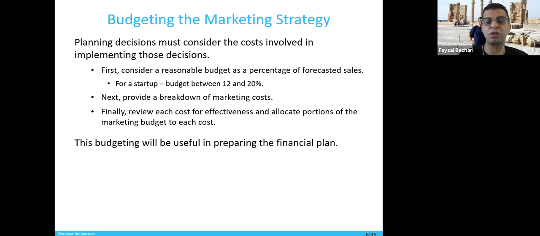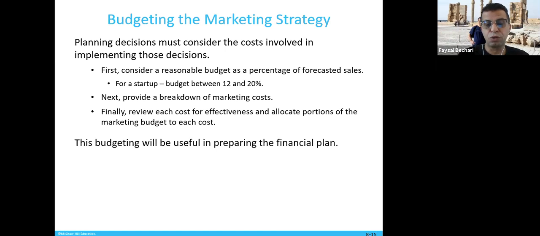Finally, review each cost for effectiveness and allocate a portion of the marketing budget to each cost. The reason you break down these costs is because you want to see the revenue that's coming from that segment of promotion or marketing. Is it worth it, or do you need to allocate more or less, or just close that part and put the money you're spending there somewhere else?